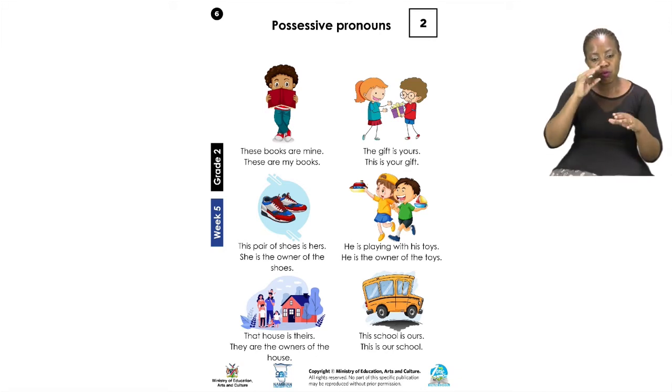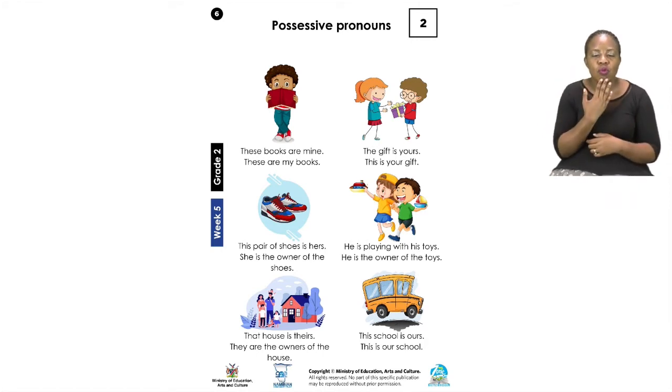And how do we show that something belongs to someone? We use possessive pronouns. Now there are different types of possessive pronouns, and I am going to show you how it changes from just a pronoun to a possessive pronoun.